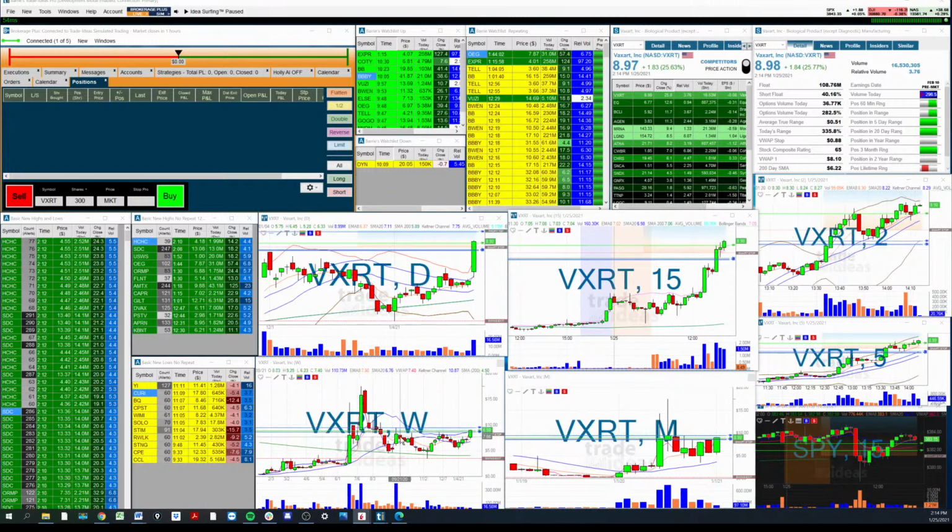I wish these tops were a little closer. 929, 929 and 943. So 929 is the next high looking left for VXRT on the weekly chart. But this still looks pretty strong.